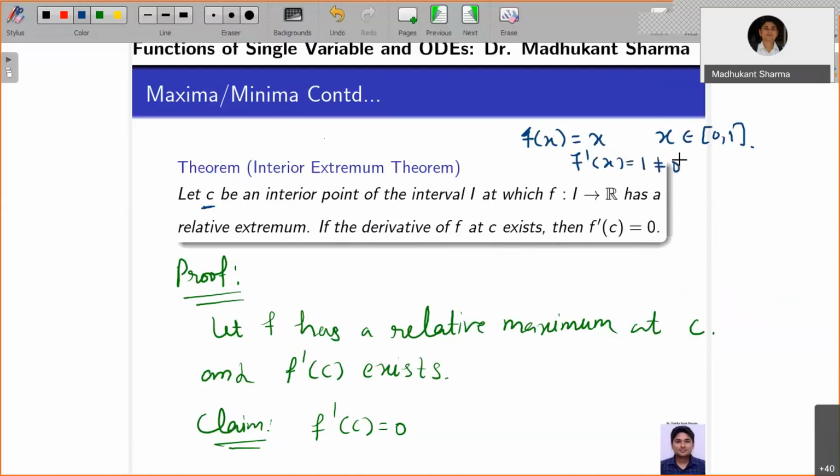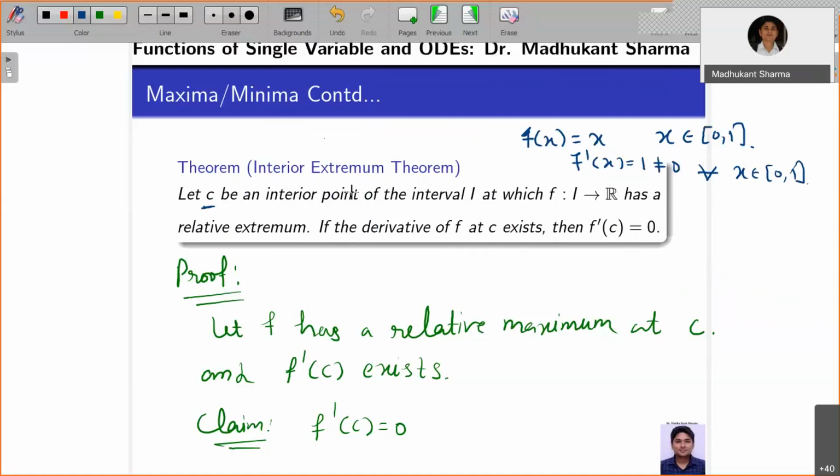The function is differentiable and it is non-zero for any x belonging to 0 to 1. But it has an absolute maximum at 1 and absolute minimum at 0. 0 and 1 are the boundary points, not the interior points of the interval.